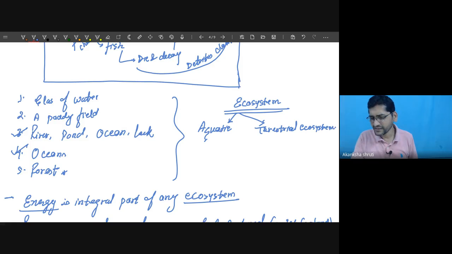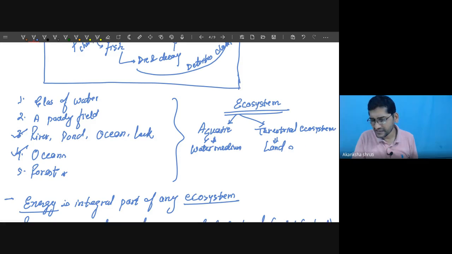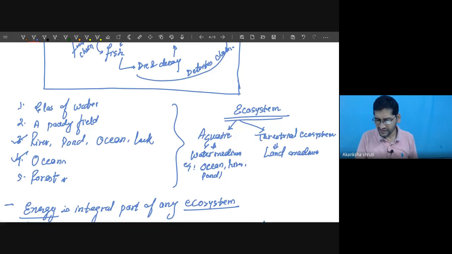Not very frequent, but once it was asked. Aquatic means water medium. So water medium is required. Here land medium. So on land the ecosystem is formed. Example, ocean, the river, the paddy field, pond, it is okay.